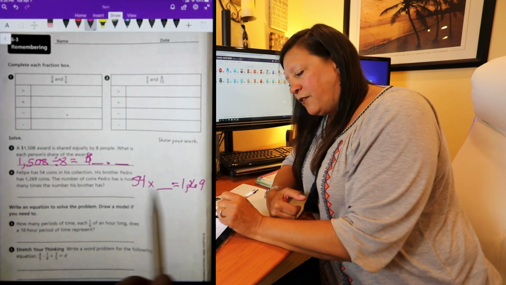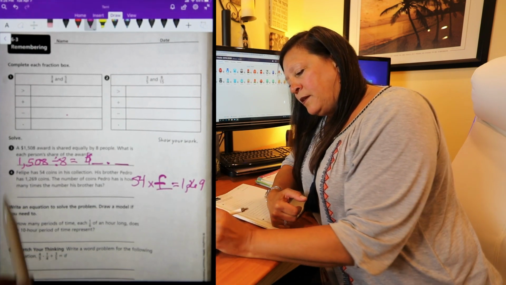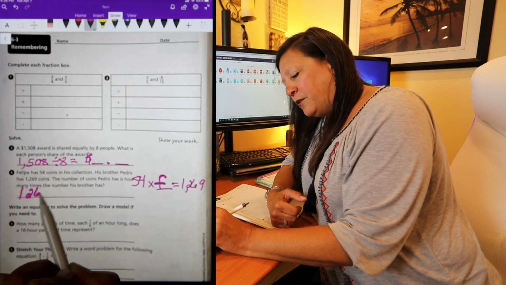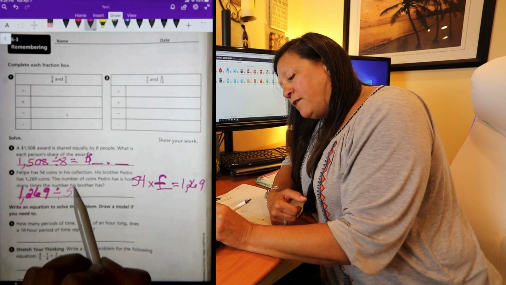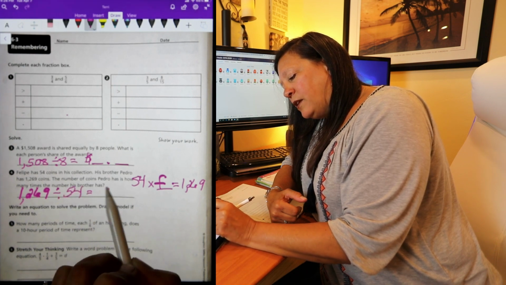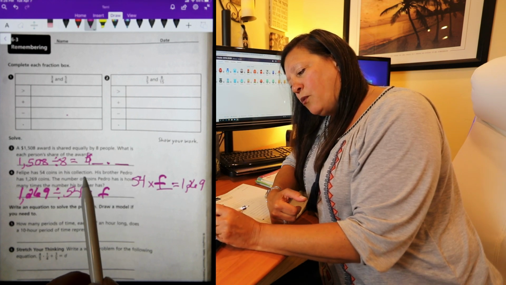So how would we solve for that? This is the unknown. We'll call it F for Philip. So we're going to take that 1,269 divided by 54, and that is going to give you your unknown. And remember to label number of coins, right?